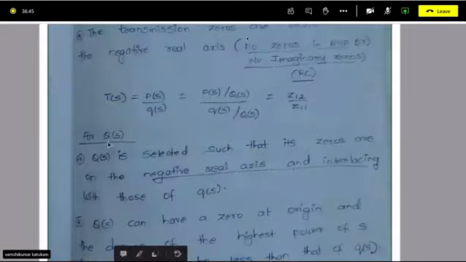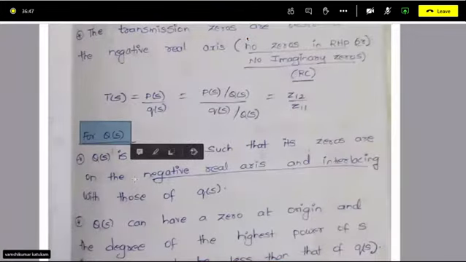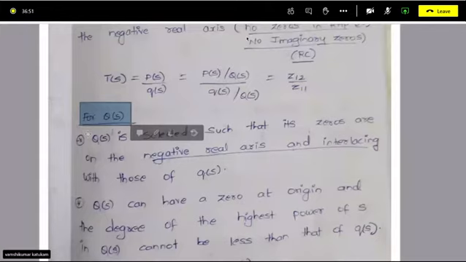Such that its zeros are on the negative real axis, that means real zeros, and interlacing with those of small q of S.